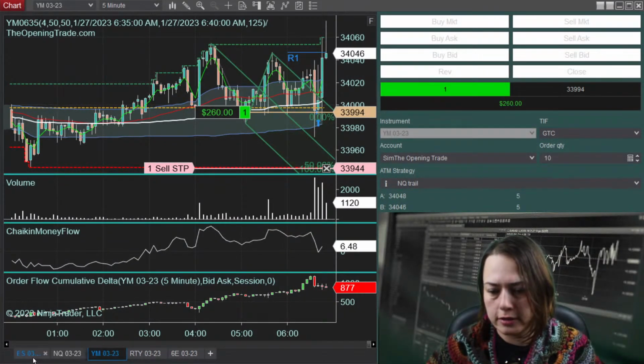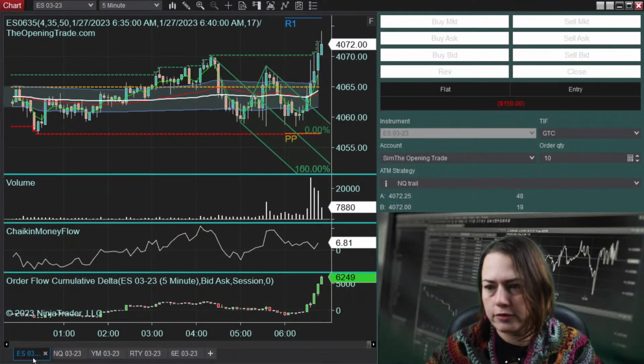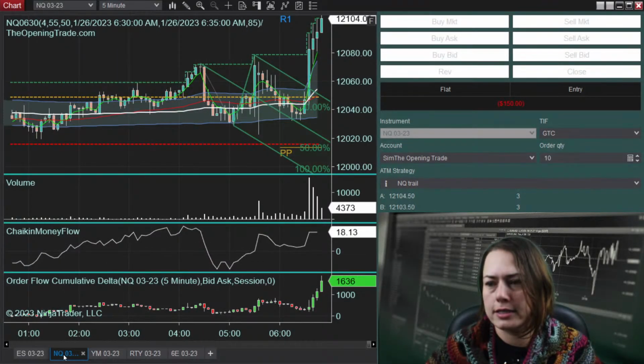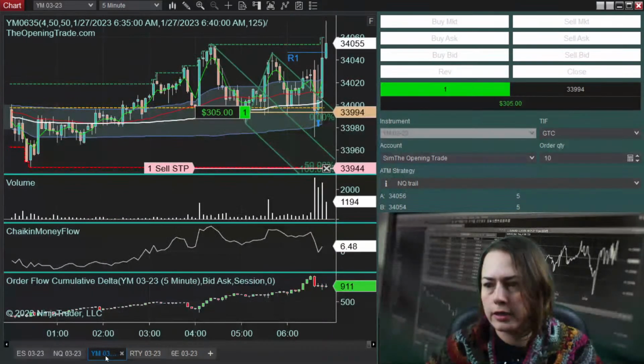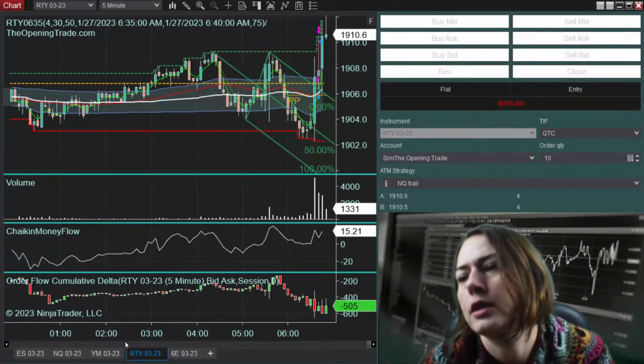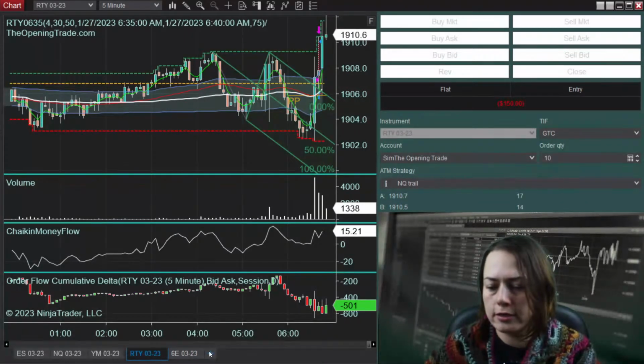All right, so what are the other markets seeing as far as movement today? This is the S&P 500. This is the NASDAQ futures. Here we are in our Dow Jones futures, and this last one here is the Russell futures.